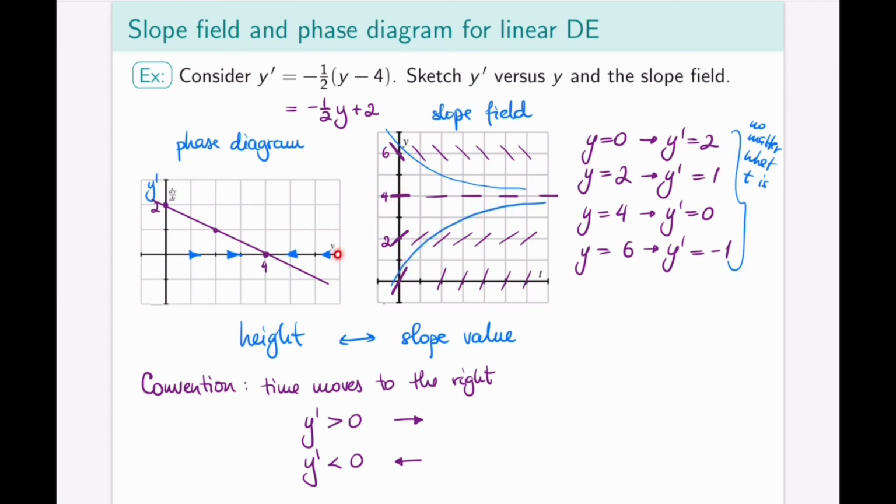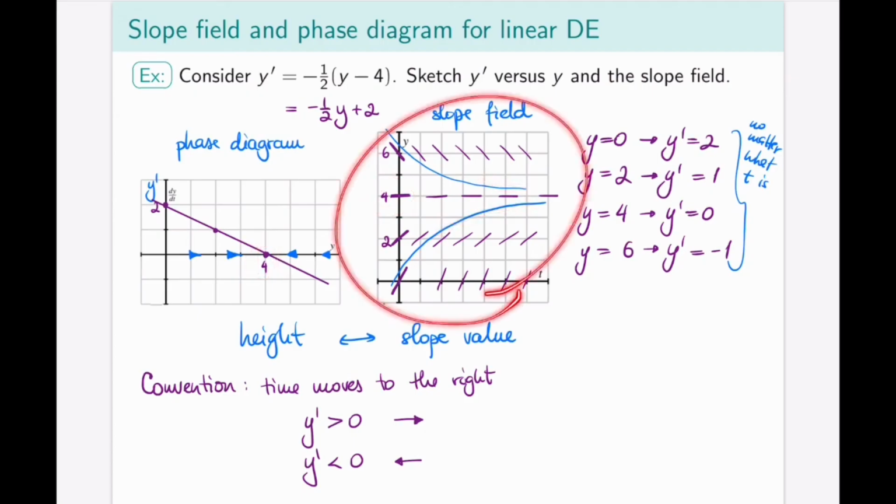If the ant is dropped on this side and follows the arrows, it will follow the arrows all the way to 4. So same thing here. If I start above 4, my solution will lead me down to 4. This is what also motivates the fact that 4, in this case, is called an equilibrium. This is something that the solutions converge to.